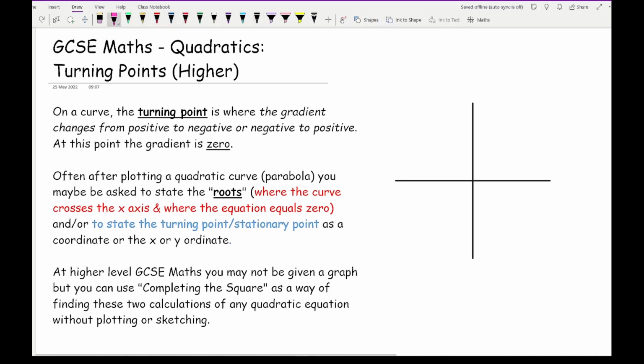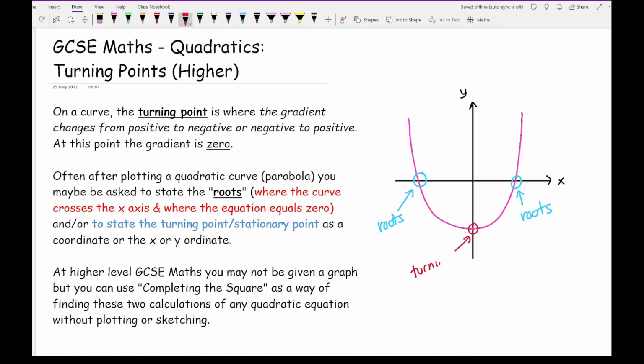So if I just label these axes as y and x, and if we have a positive parabola which looks like a U shape, then these 2 points here are going to be our roots, or the values of x where the equation equals 0, and this point here is going to be our turning point.